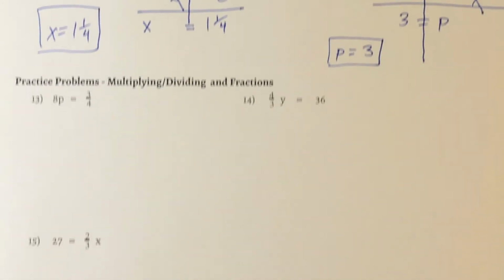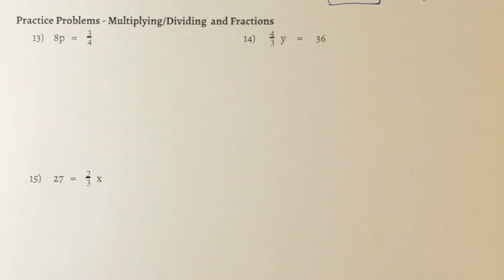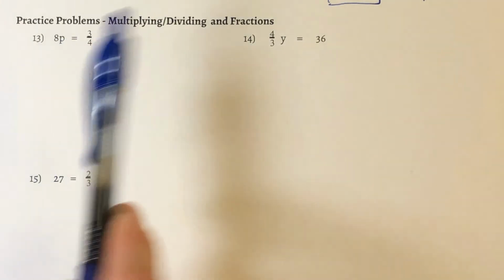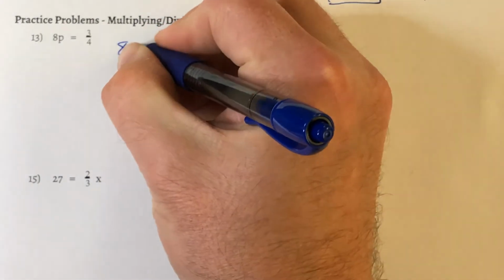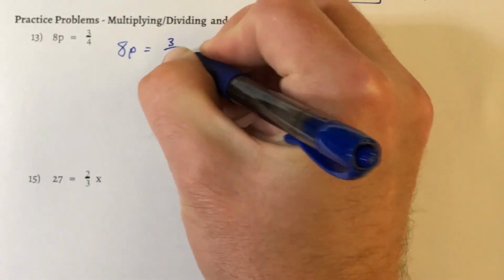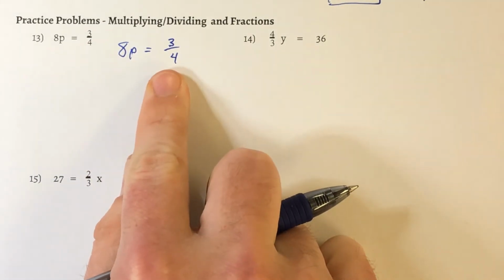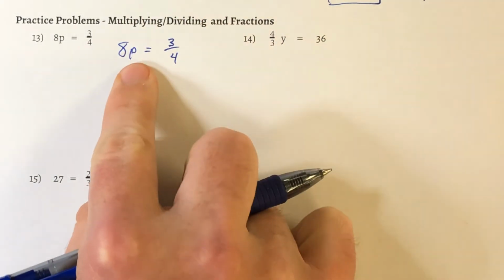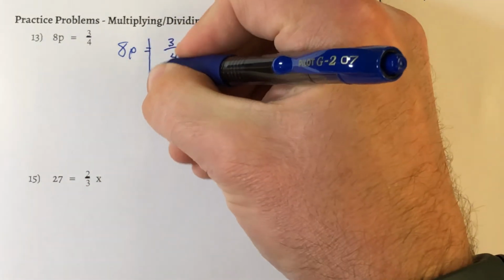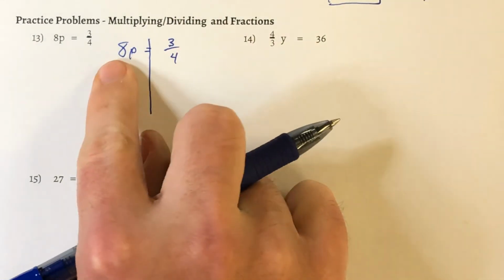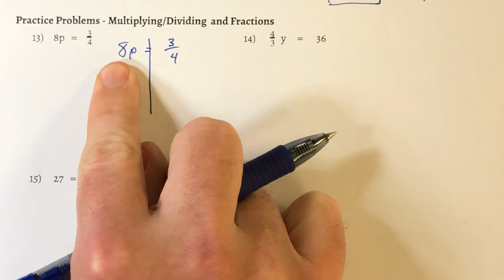We have 3 more examples. So now we've got a mixture of multiplying or dividing with fractions. Our first example with this is 8p equals 3/4. So 8 times something is 3/4. How do I do this? Well, I want the variable by itself. So what needs to go away? The 8. How do I get rid of 8?